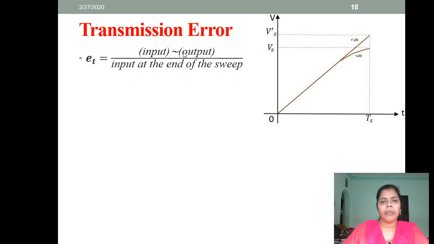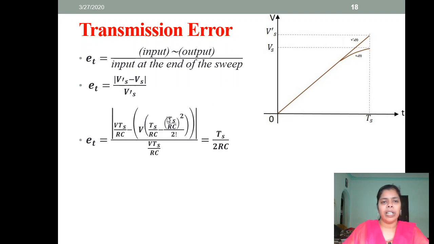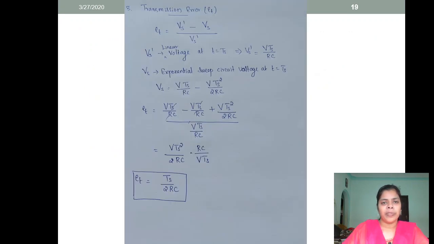The deviation between the input and output voltage is taken, so V dash of s minus Vs divided by V dash of s. Substituting all the expressions, the answer we get is Ts divided by 2Rc. The derivation for the transmission error is noted here.